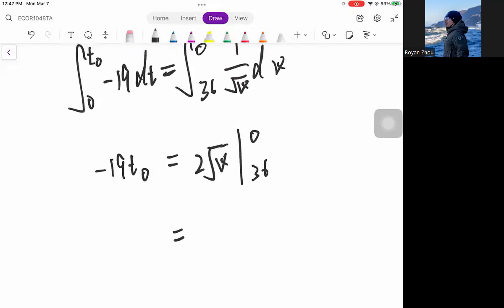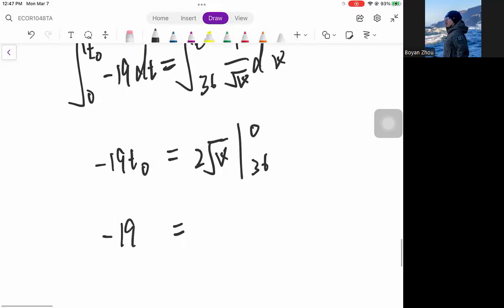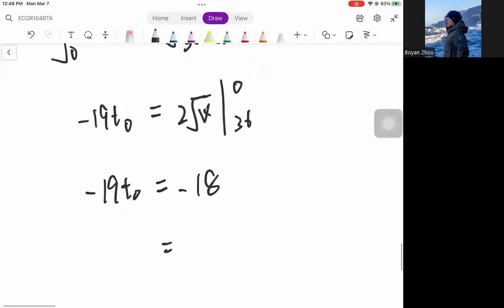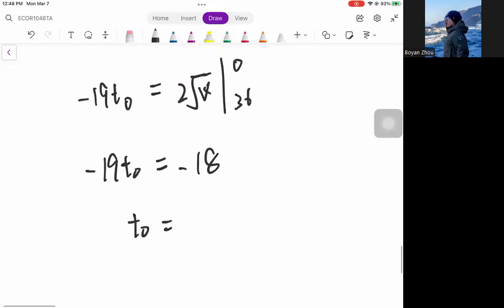Then we just need to put in the numbers. Left hand side is not going to change. Right hand side is going to be putting a 0 here and then minus the other one, so that is going to be negative 18. And then we have t naught is equal to 18 over 19.